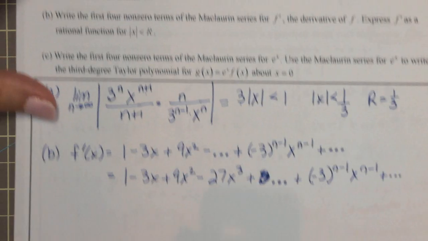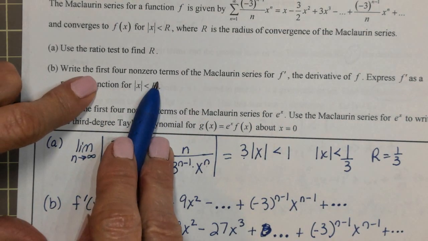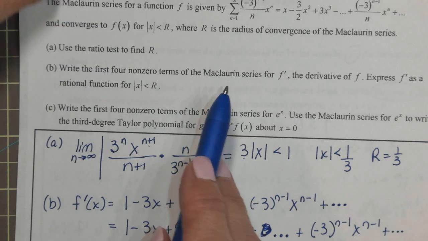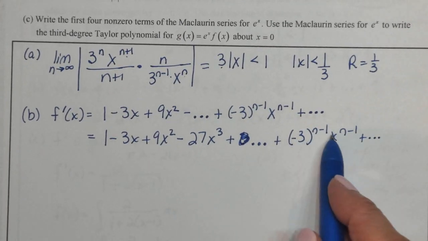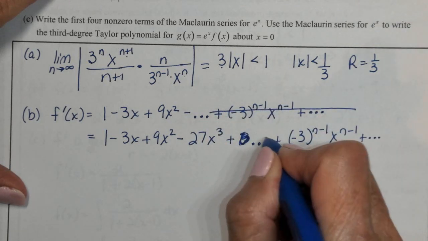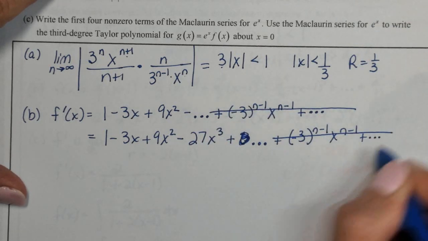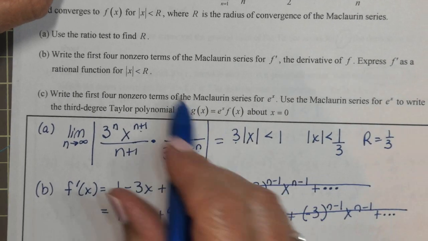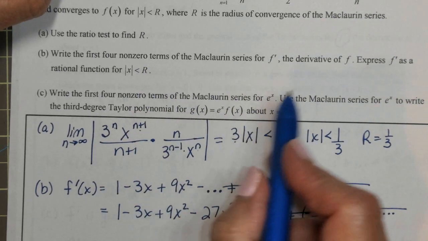All right. So I did the first four non-zero. They didn't even tell me to write the general term, did they? So I don't even have to write this general term here. So you know what I'm going to do? I'm just going to get rid of that, because they didn't make me write it. If they had, that would have been correct. But since they didn't tell me to, okay.